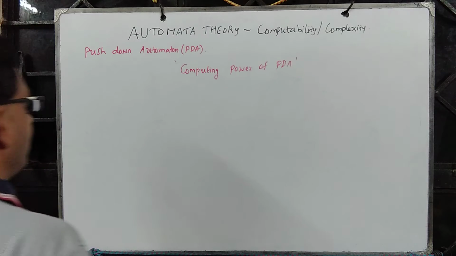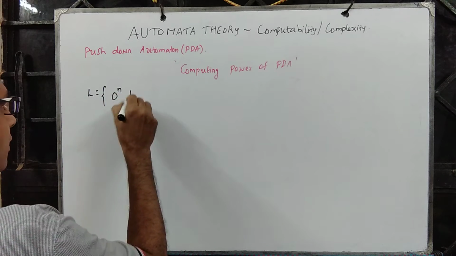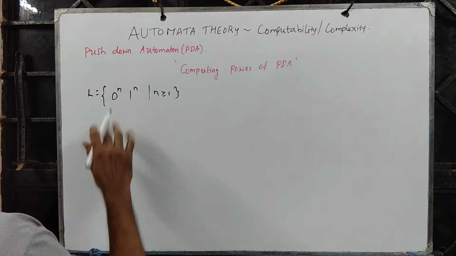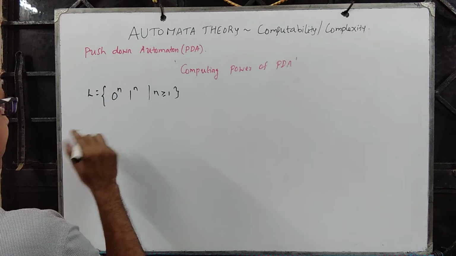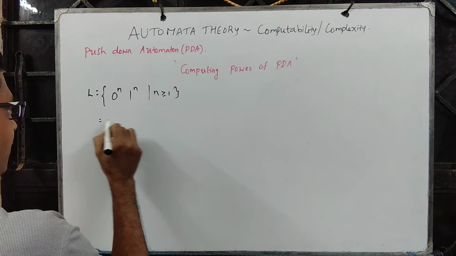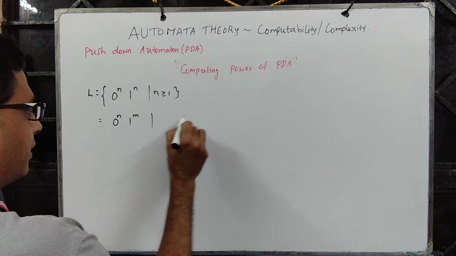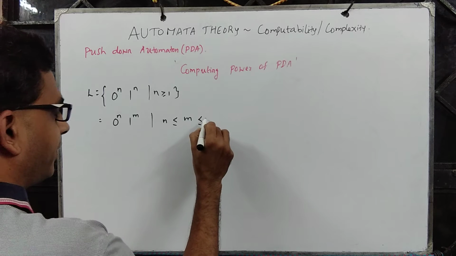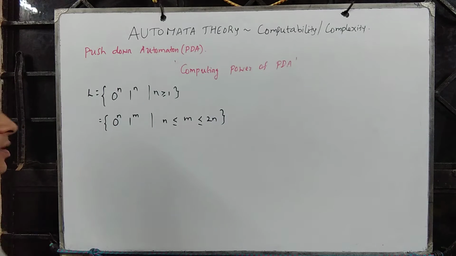Recall that languages like 0 power n, 1 power n were possible to design a PDA for. Then we also looked at 0 power n, 1 power m, where there is a condition on m and n. So things like this were possible.